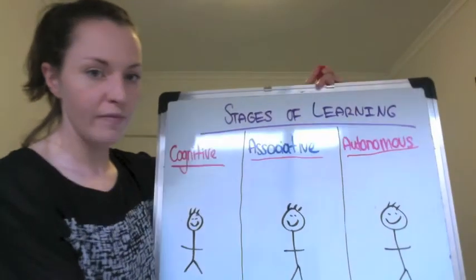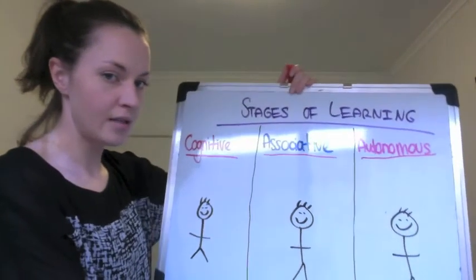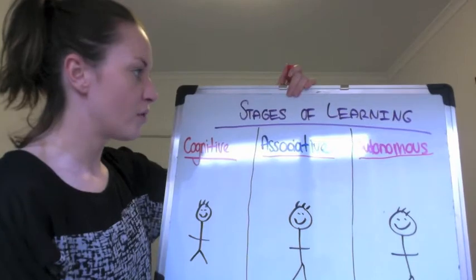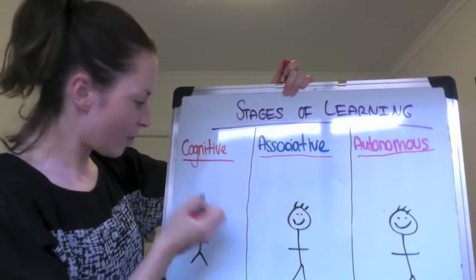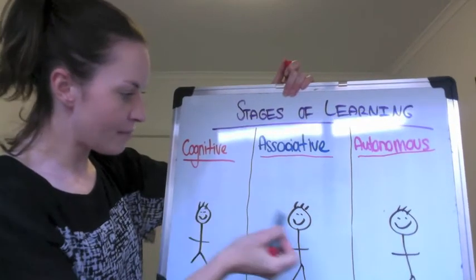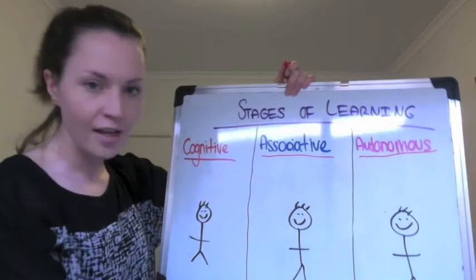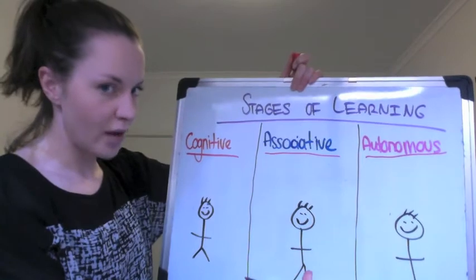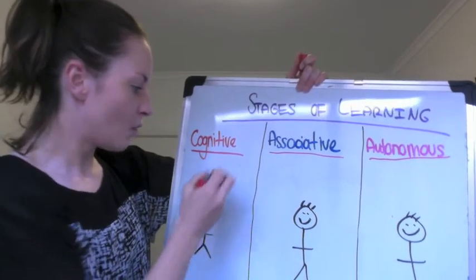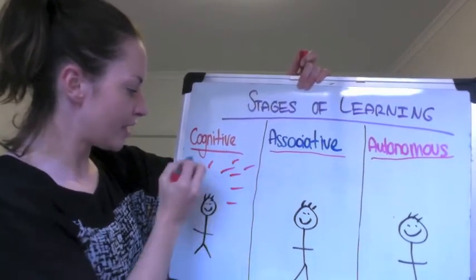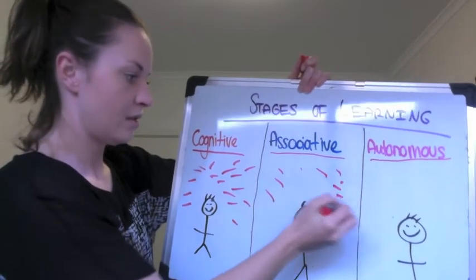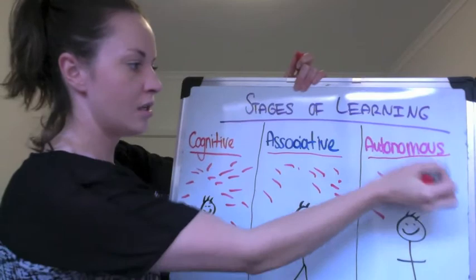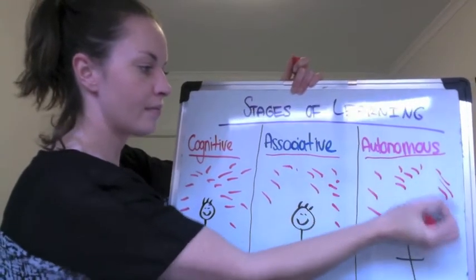going back to the information processing model and linking it with Fitts' model of motor learning. Now, say for example we have Mr. Athlete A, Mr. Athlete B and Mr. Athlete C playing within a game situation. Okay, we still have all of these different information sources present. Okay?